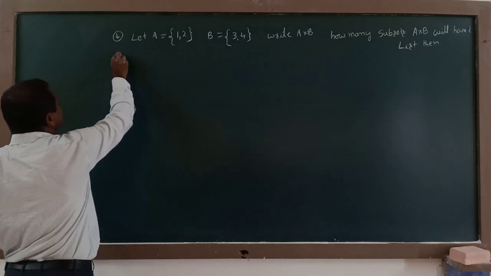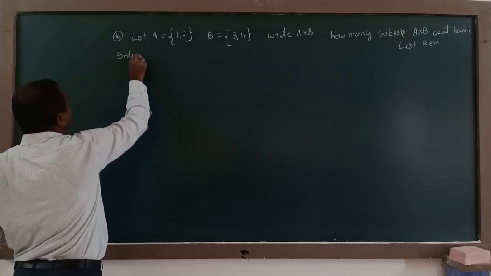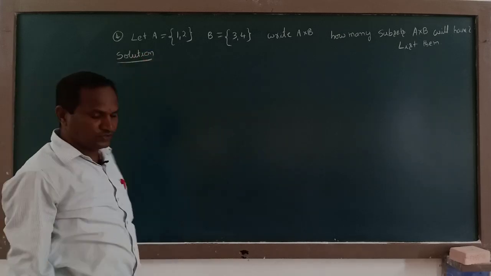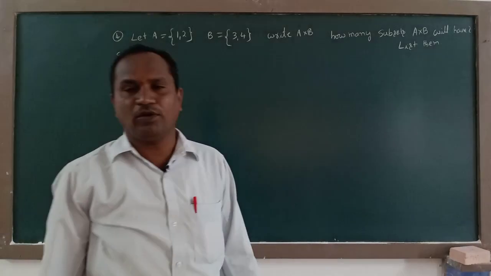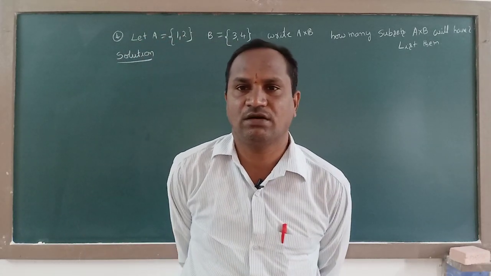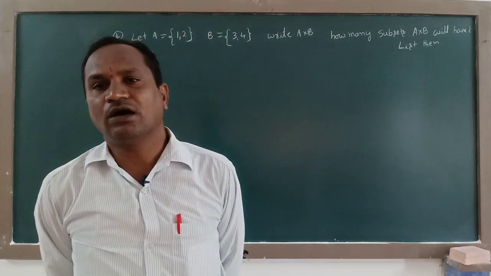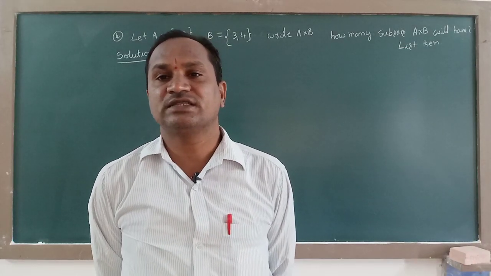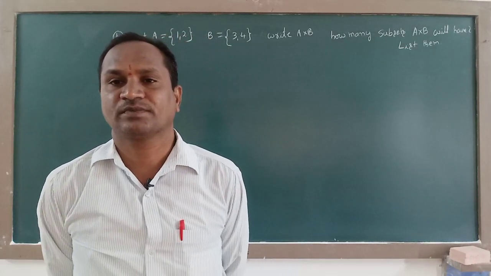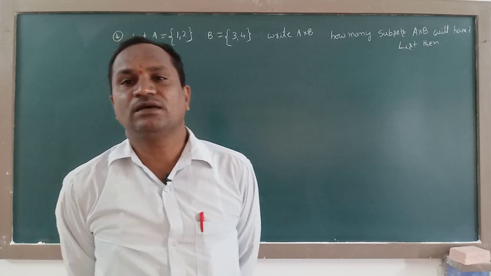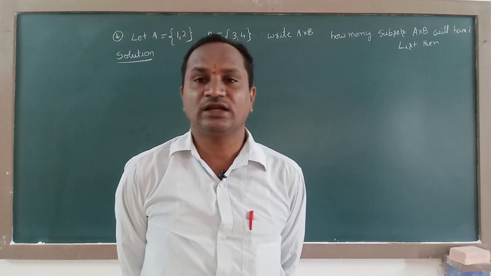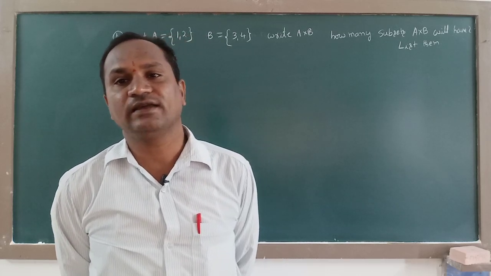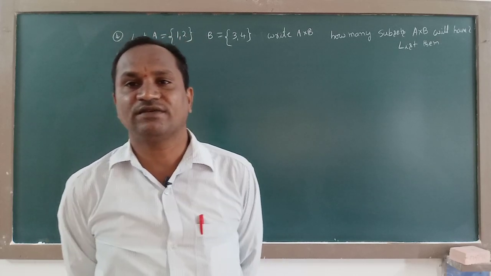Solution to this question. In the solution to this question, we apply subsets of the given sets. How are we finding subsets of the given set? By applying one formula, 2 to the power of m, where m is the cardinal number of the given set. About that formula we will discuss here. We need that formula finally to find subsets of the given set.